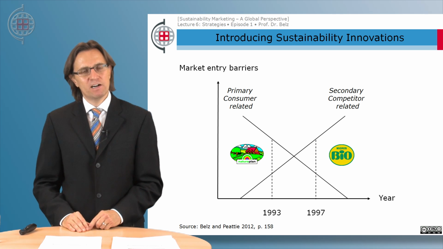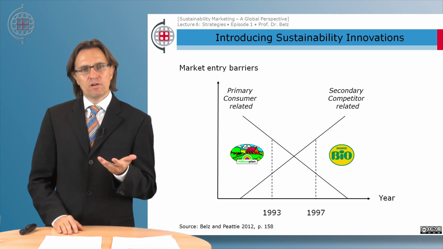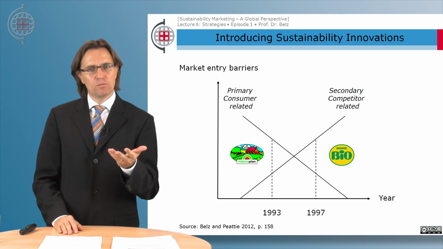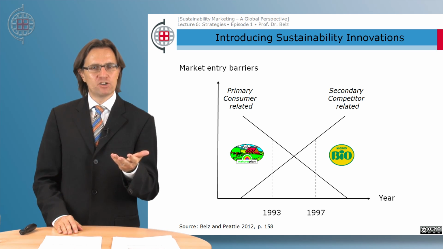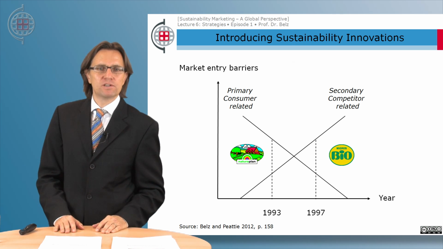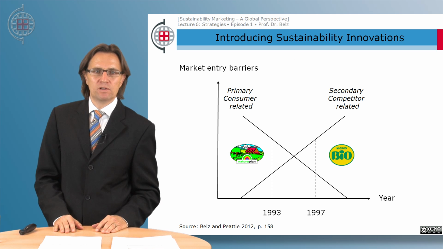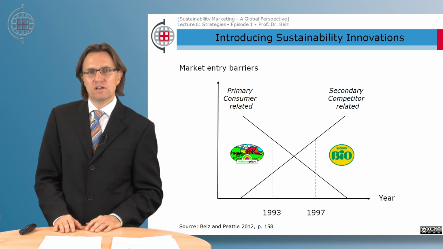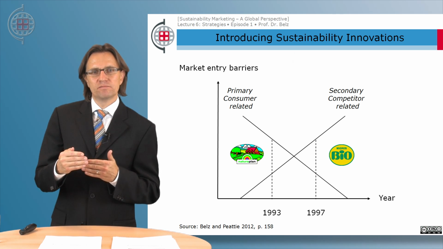At that time, the Coop Naturaplan and their organic assortment was well known in the Swiss population. And they also had a very good reputation. So a high recognition and a high image. And these were the entry barriers Migros had to fight.